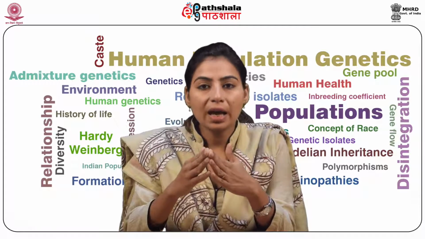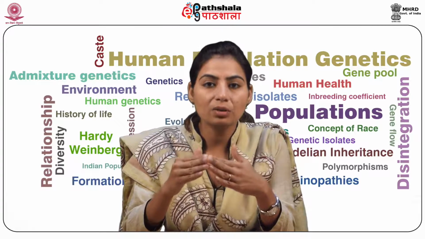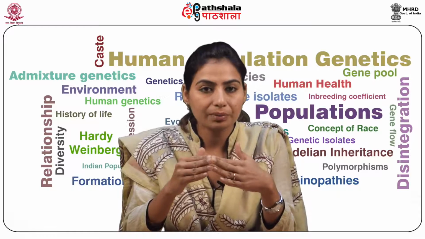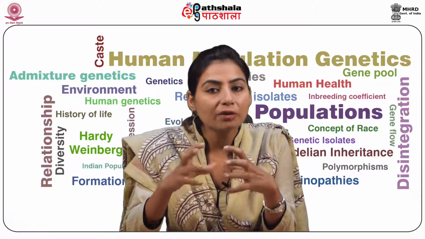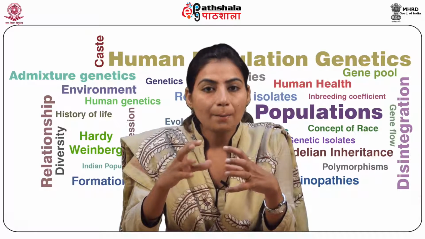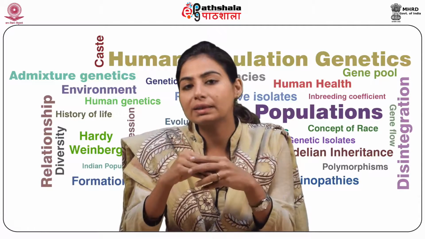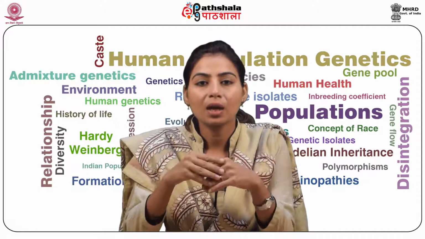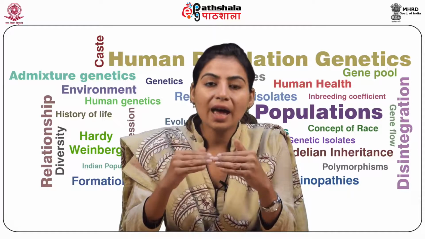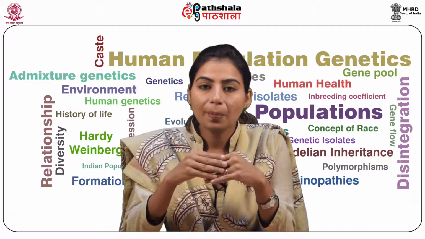Recombination, on the other hand, is a process of mutual exchange of segments between homologous chromosomes. Recombination is a process of reshuffling of alleles. But as such, recombination does not give rise to new alleles. It only gives rise to new combinations of alleles. Mutation, on the other hand, is a process which gives rise to new alleles.